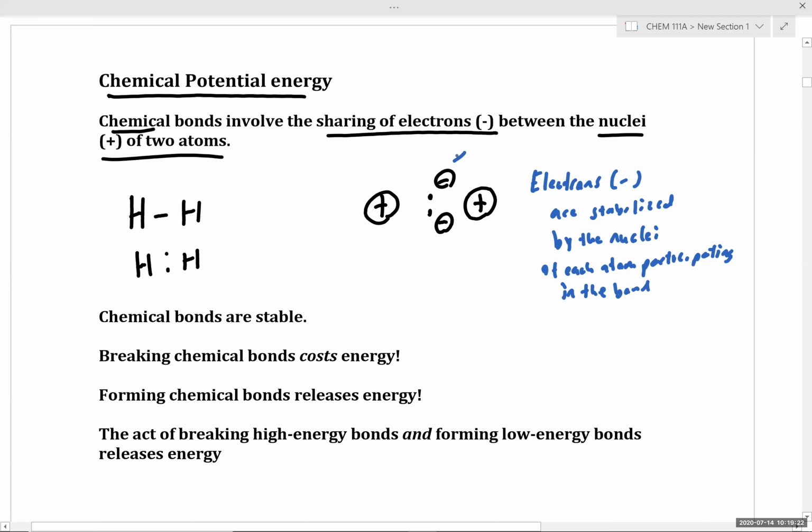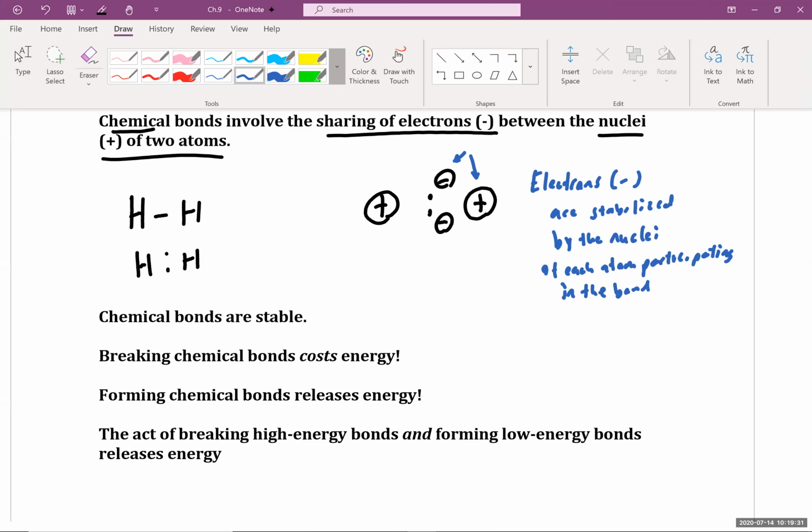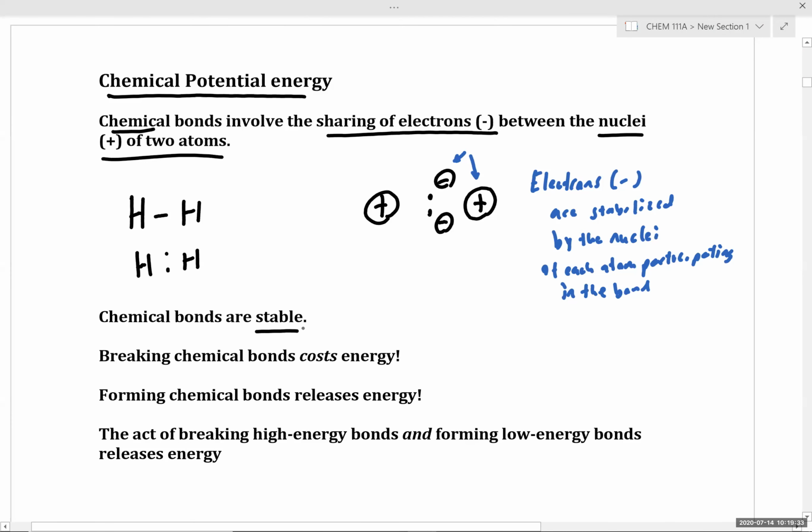So we have this very stabilizing interaction between opposite charges. So in general, when you think of chemical bonds, they are stable.